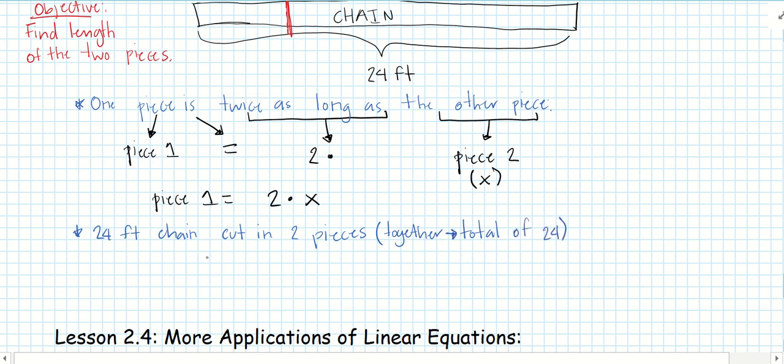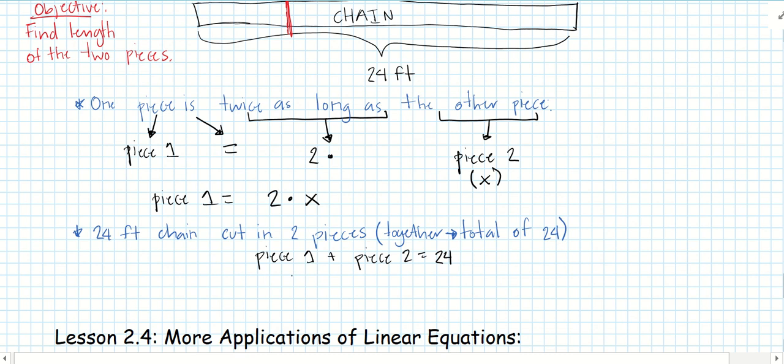So that means that if we add piece 1 plus piece 2, we're going to get 24, right? Let me change to another color. So piece 1 plus piece 2 equals 24.